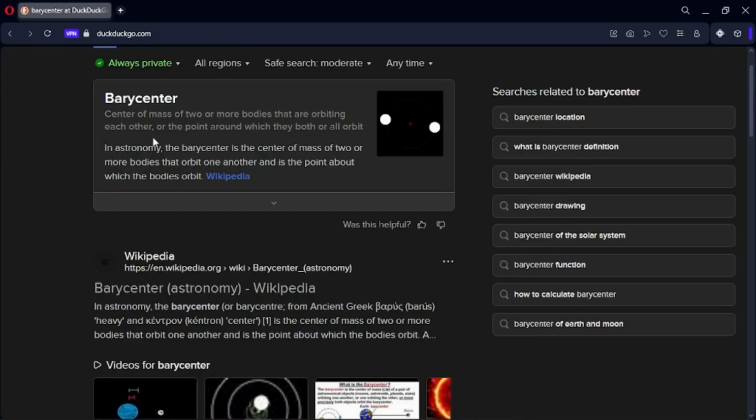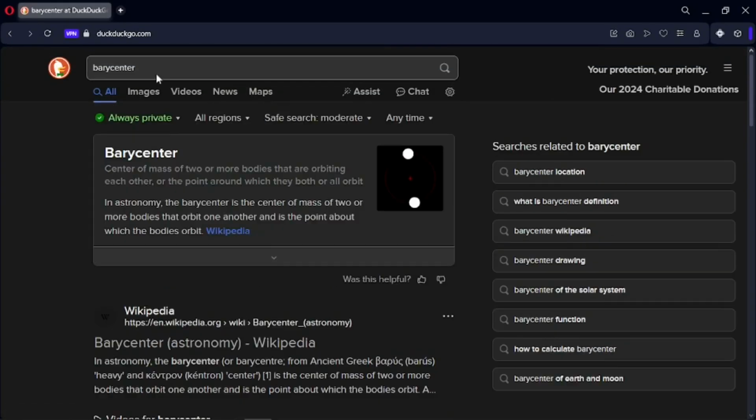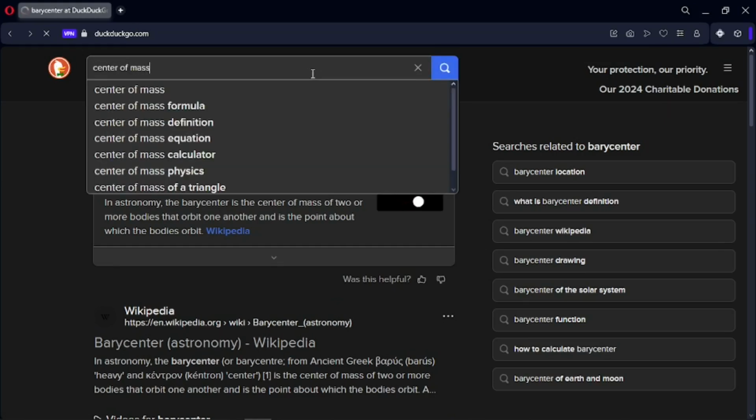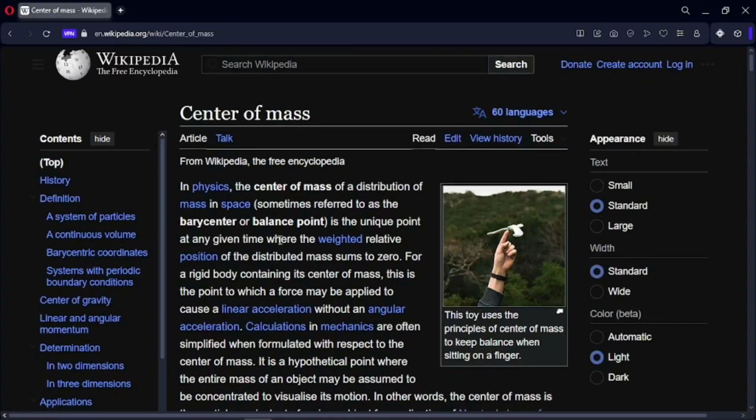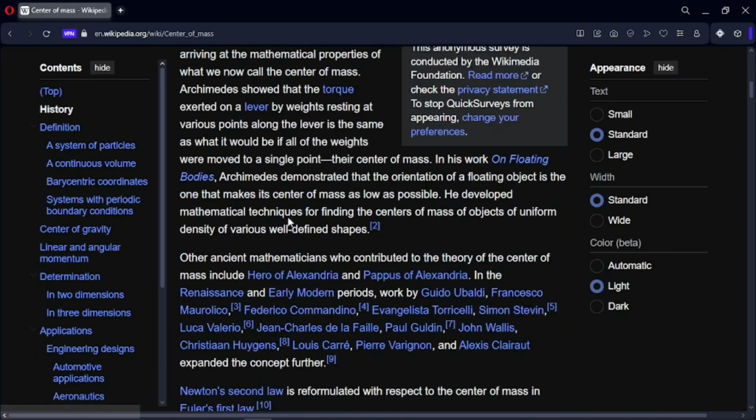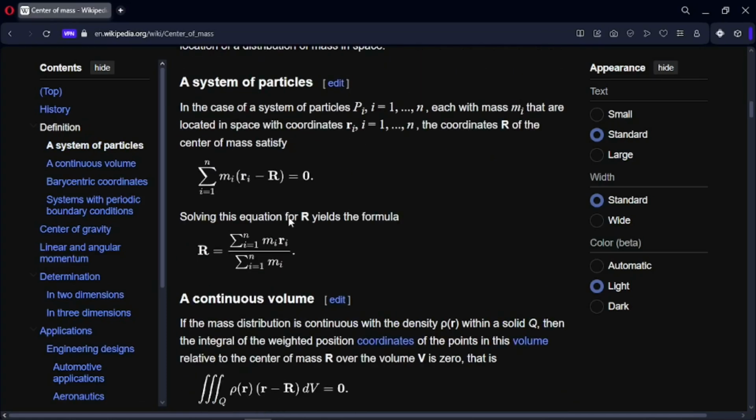Okay, this is the barycenter. The barycenter actually is the center of mass. If we see the definition of the center of mass, it is the point with the coordinate r. This is bold r, so this is a vector.